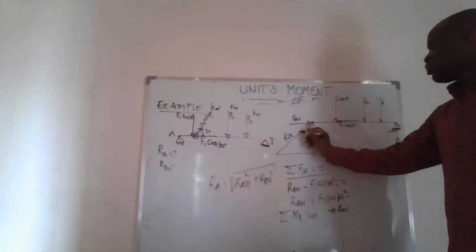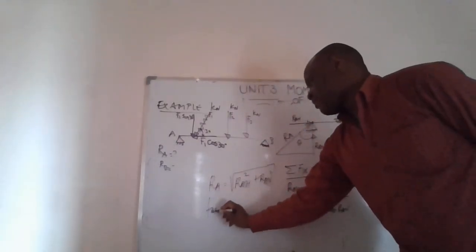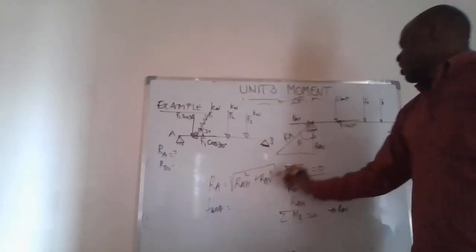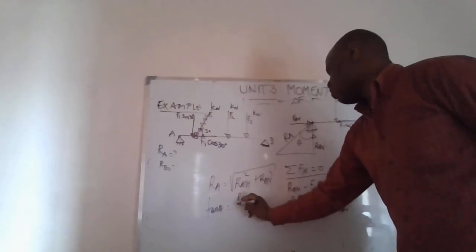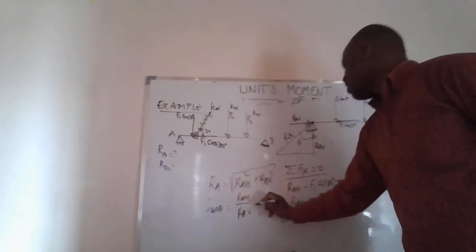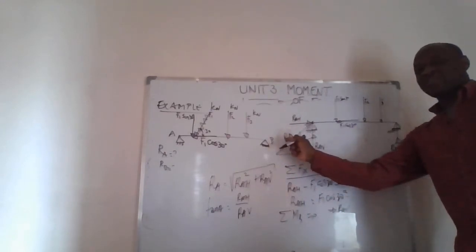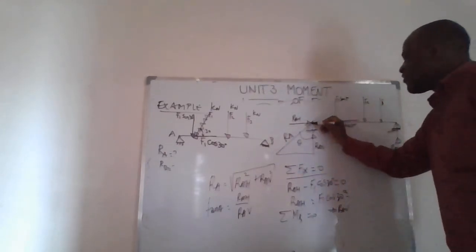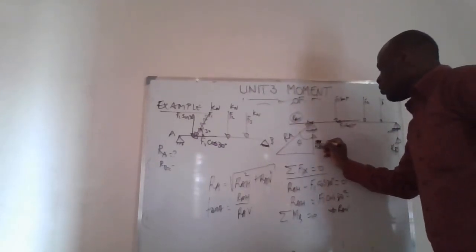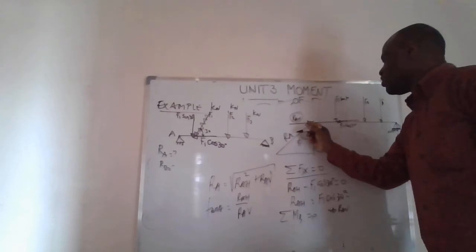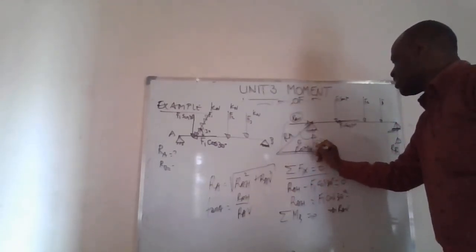And we should also be able to get the angle. How do we get that angle? We can use the tan. The tan will be the opposite over the adjacent. It means it will be RAH over RAV to get the angle of the total resultant at A. Because whenever RAH has a value, we need to remember that we should get the total RA by using Pythagoras, because Pythagoras will help us to easily get the resultant.